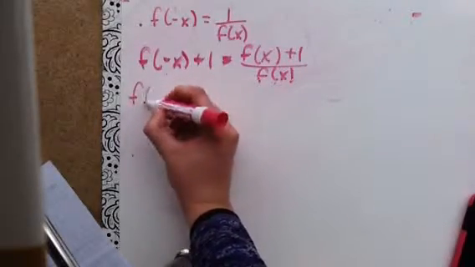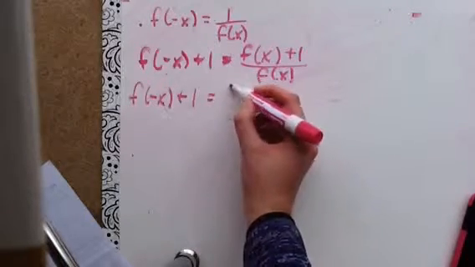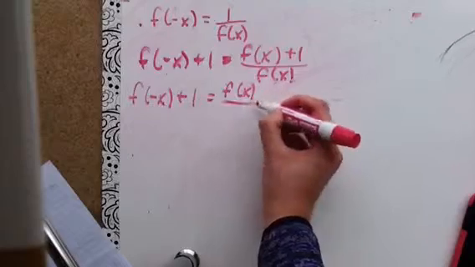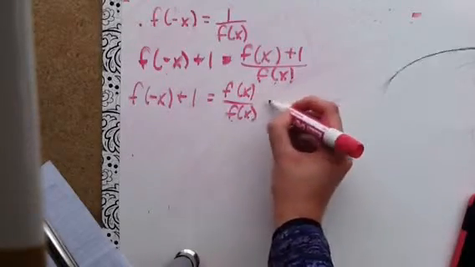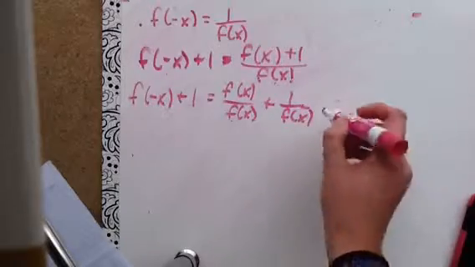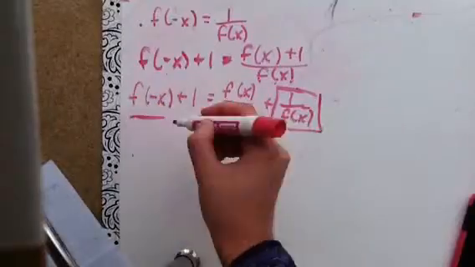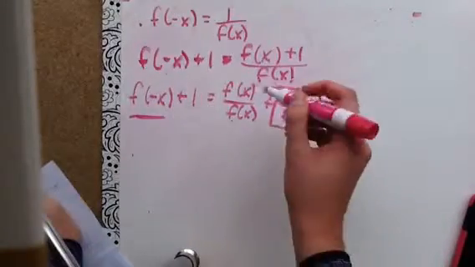What I mean by that is that you can put f of x over f of x and 1 over f of x. See, here's what we needed. So we're almost there. Just gotta figure the rest of this out.